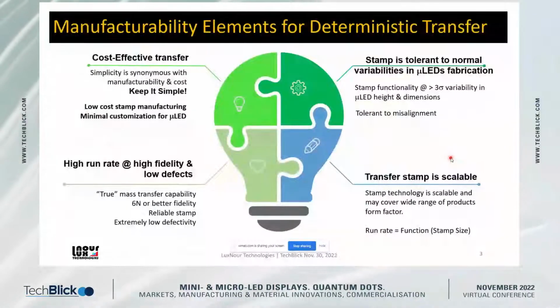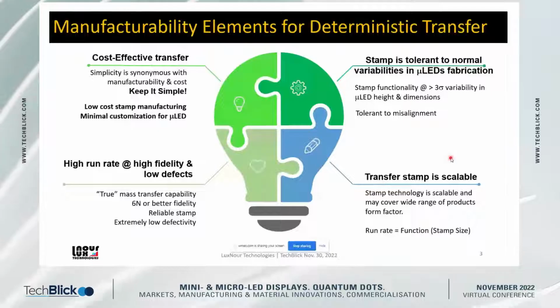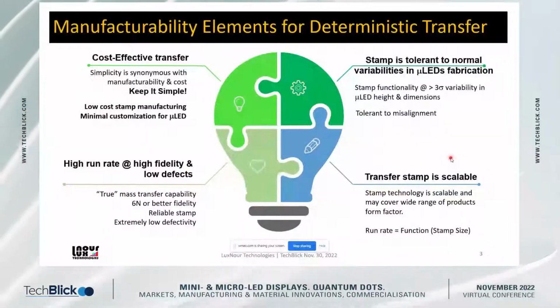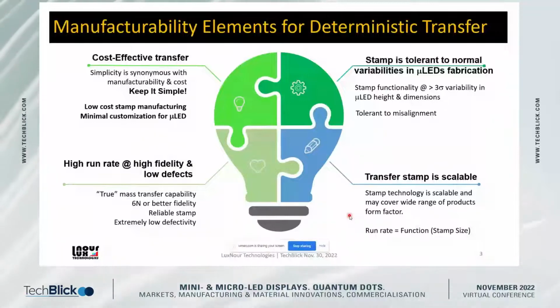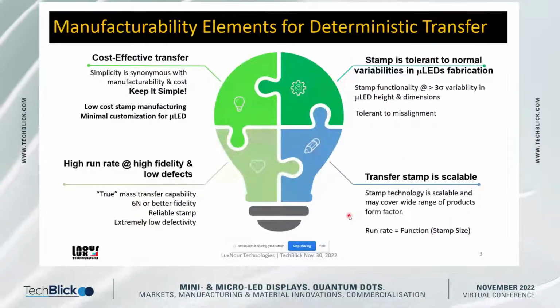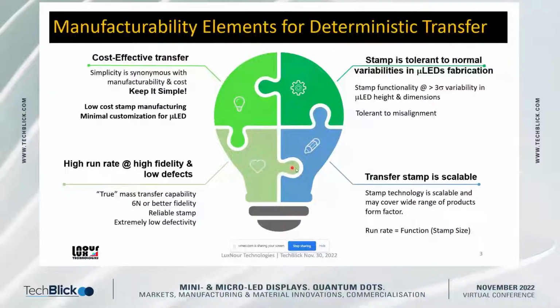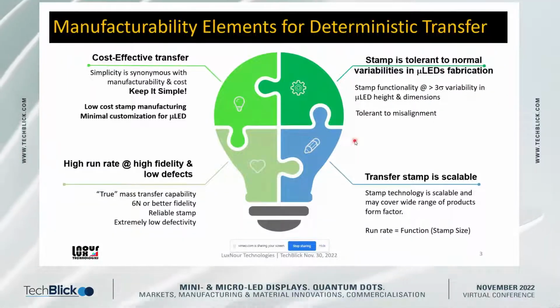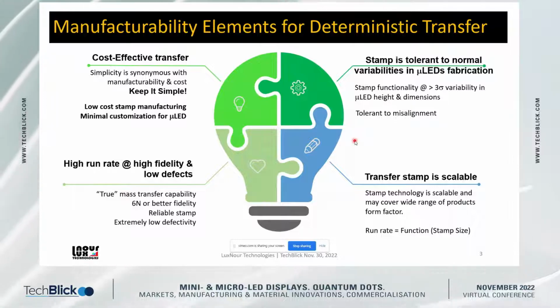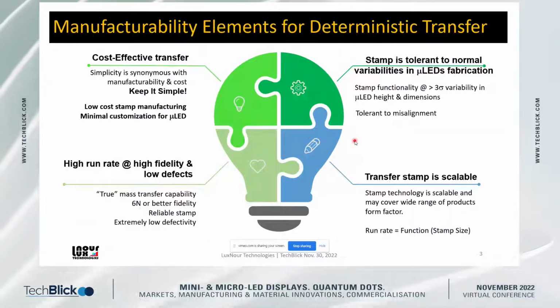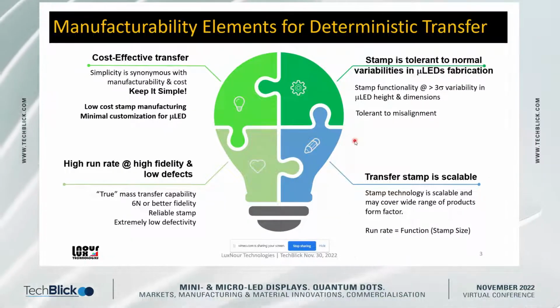If you look at what are the elements for a manufacturable deterministic transfer, our previous speaker talked generally about yield, throughput, cost, performance, and I am actually adding into this, maybe it comes under the performance, the day-to-day operations for the assembly process engineer, standing on the assembly floor.